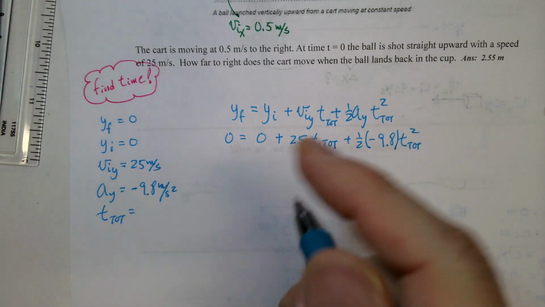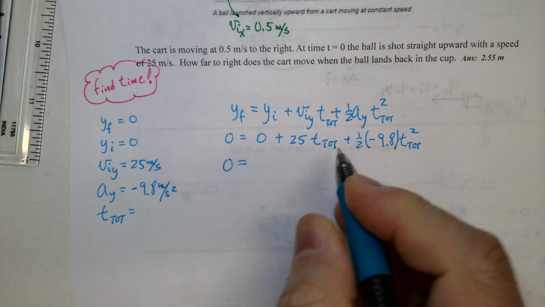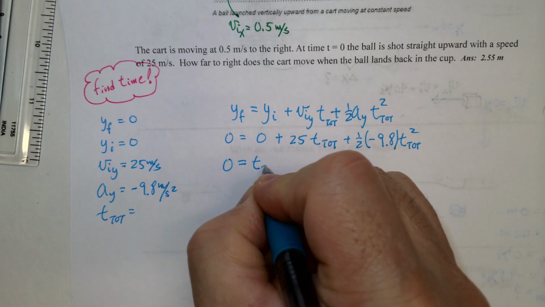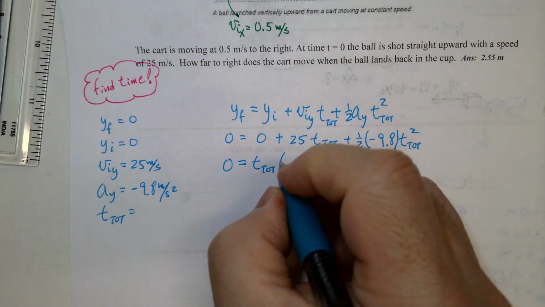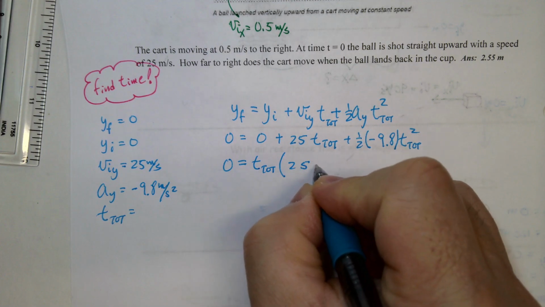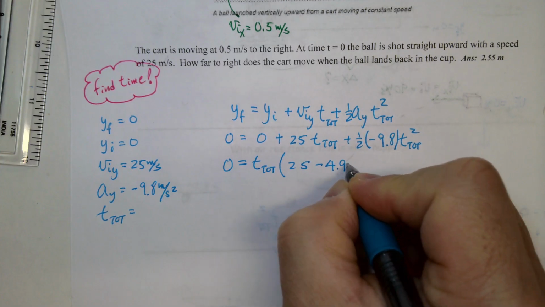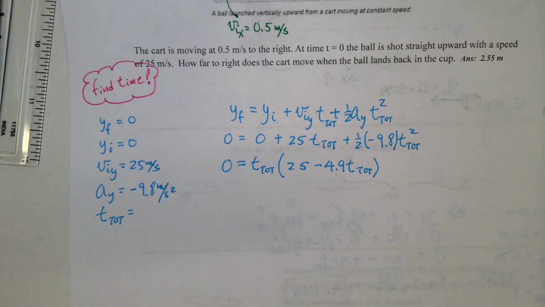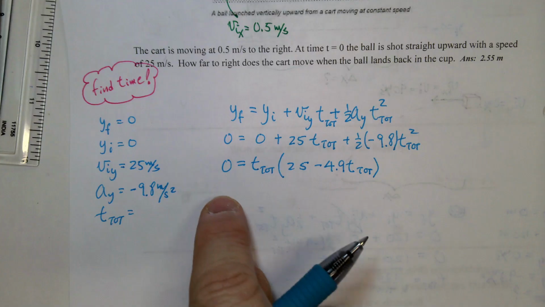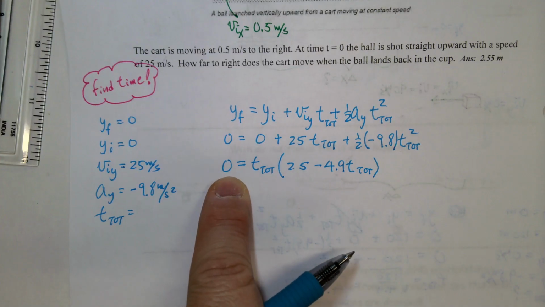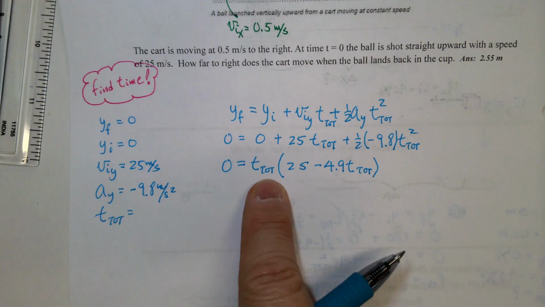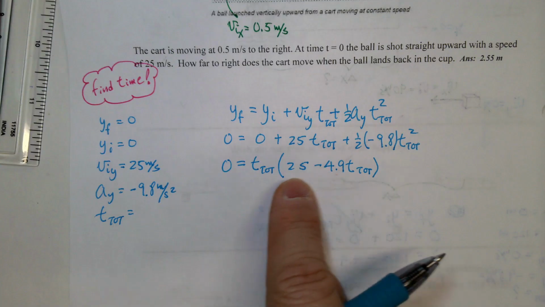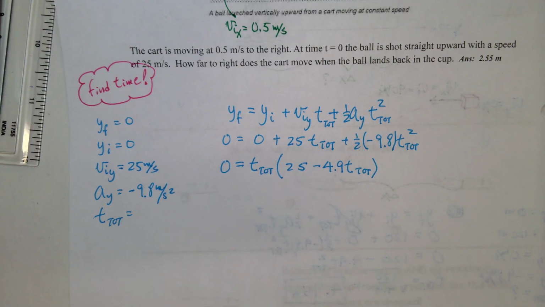So if I clean this up and factor out a t total from both of these terms, what I have left is 25 minus 4.9 t total as my equation. So to satisfy this equation, 0 has to equal to all this mess. But if my t total is 0, then it satisfies whatever this is. It doesn't matter. When you multiply by 0, you get 0.